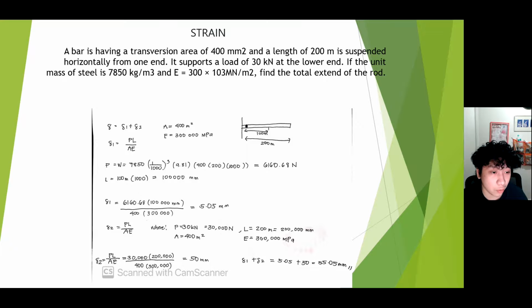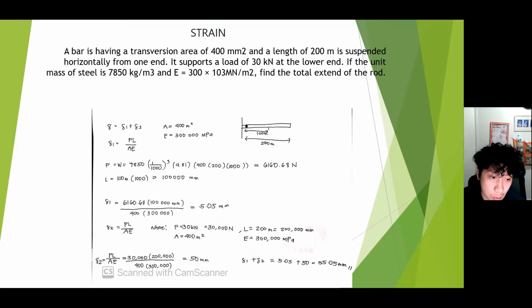W, 7850 times 1 over 1000 cubed times 9.81 times 400 times 200 times 1000 is equal to 6160.68 N. So length is 100 m, iyon yung kalahati nung bar.